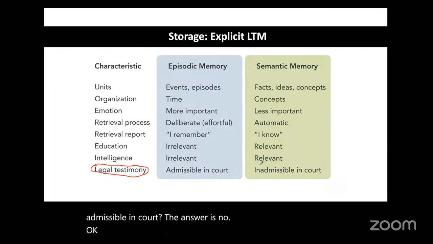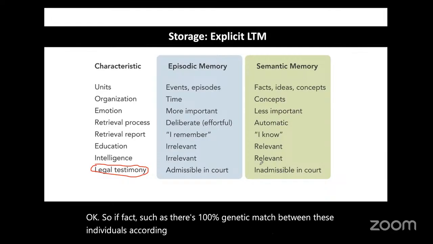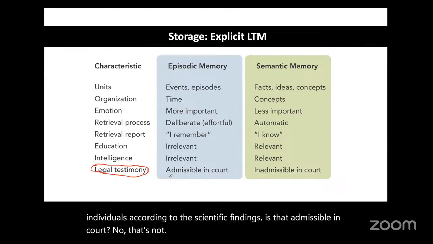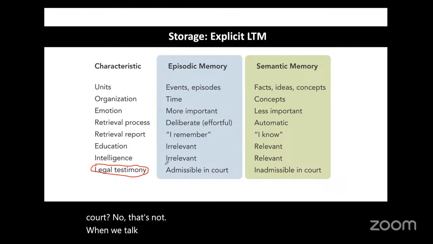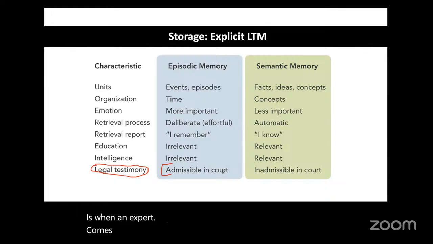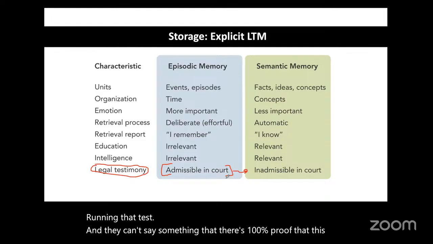So if a fact such as there's a 100% genetic match between these individuals, according to the scientific findings, is that admissible in court? No, that's not. When we talk about genetic evidence convicting a person, it's when an expert comes up and provides their experience running that test, and they can't say there's 100% proof that this person's genes match.